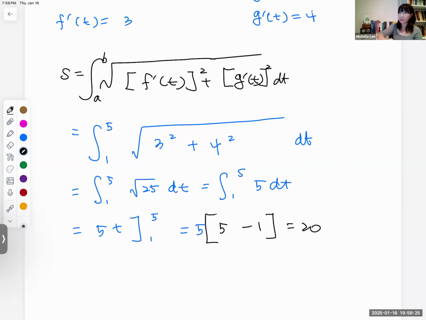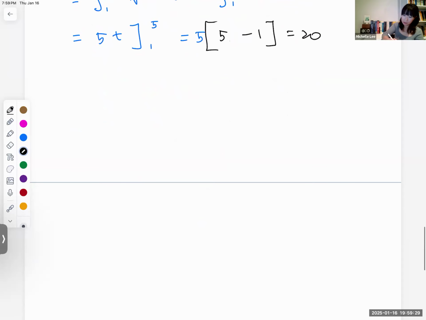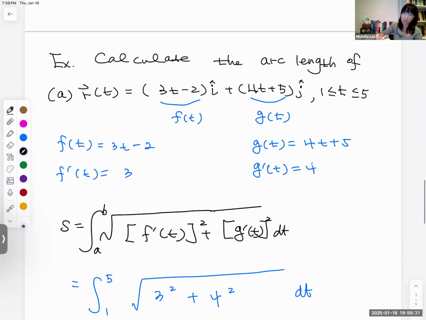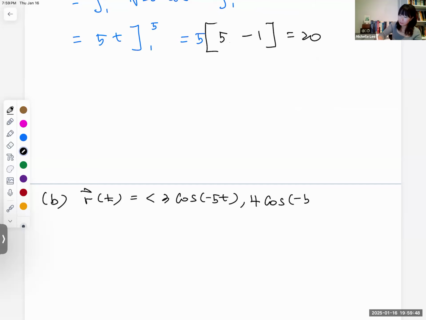Okay, how about this one? Part B. We have r of t equal to 3 cosine negative 5t, 4 cosine negative 5t, and 5 sine negative 5t.